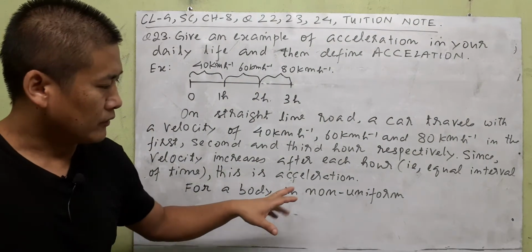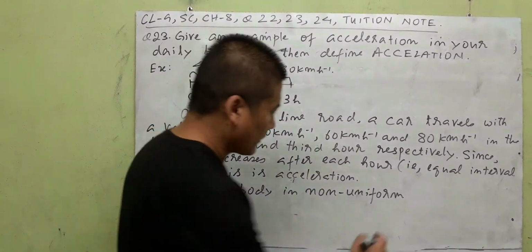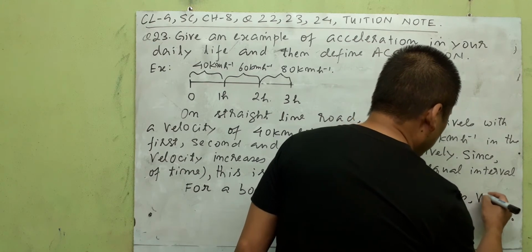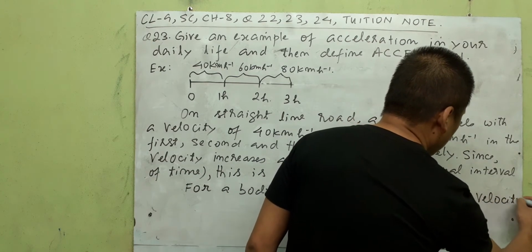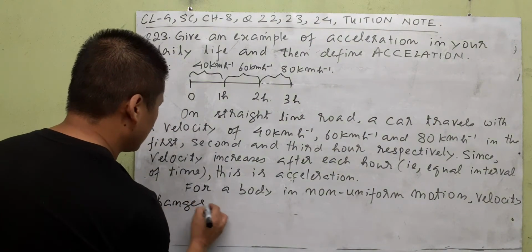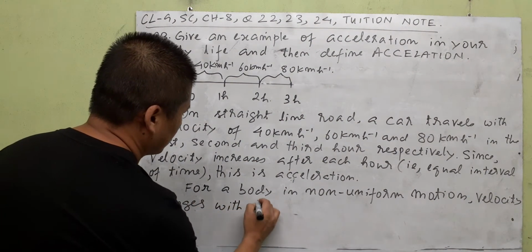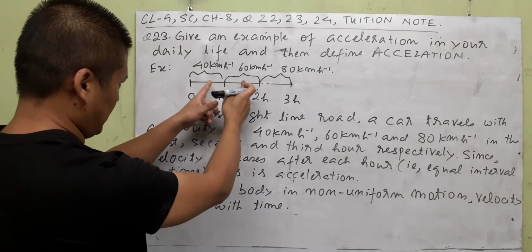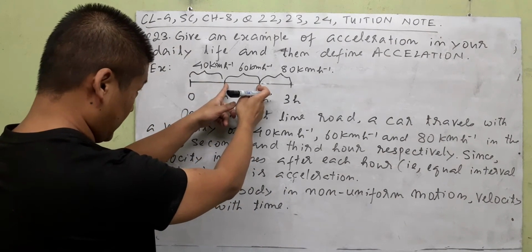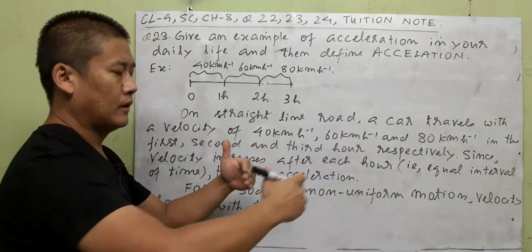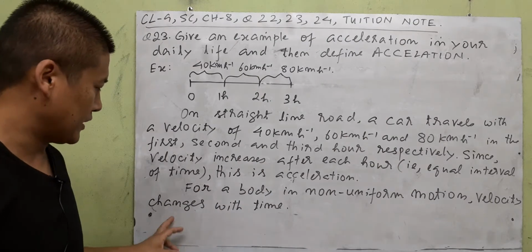For a body in non-uniform motion, velocity changes with time. We can clearly see that from the example. After 1 hour, velocity changes, in the second hour 60, in the third hour 80. So velocity is changing after equal intervals of time. Changes with time, therefore.